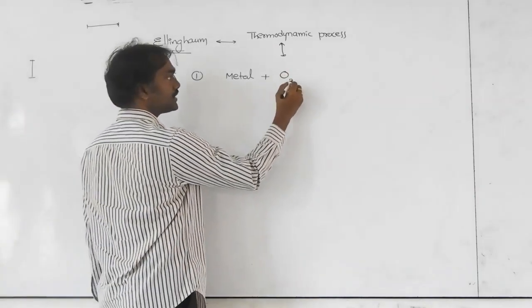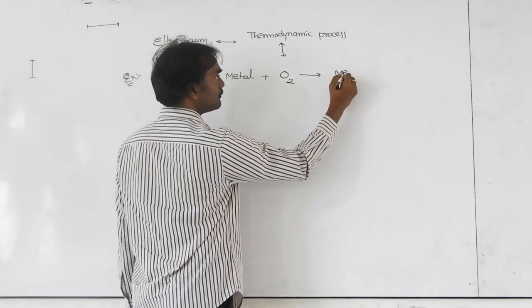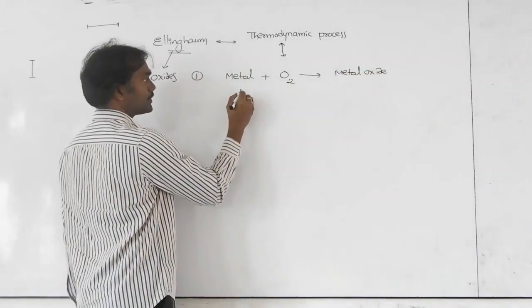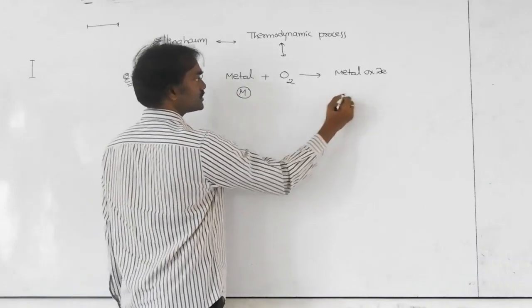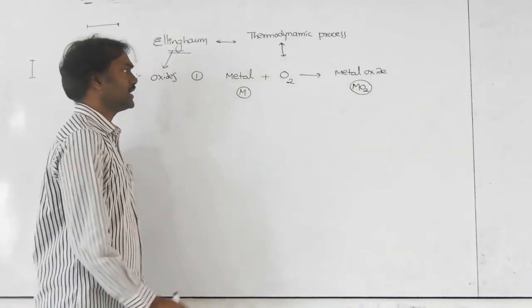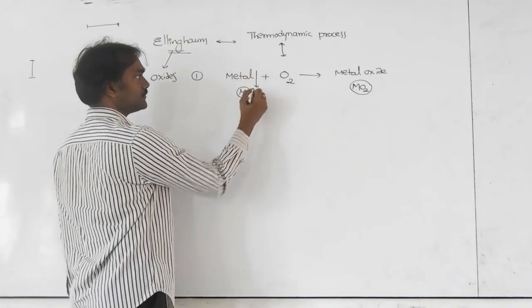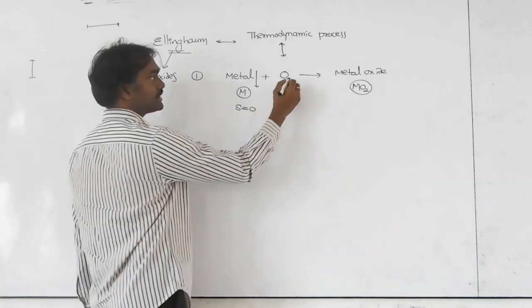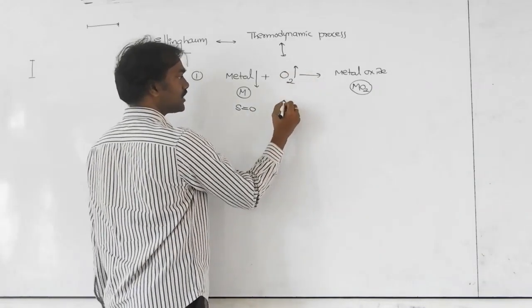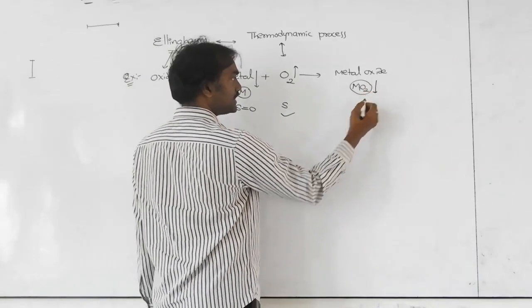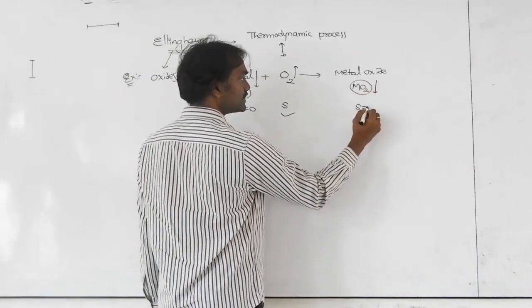Metal, represented as M, combines with O2 to give MO2 or MO, whatever it may be. The metal is a solid, so entropy is about 0, there is no movement. Oxygen is a gas, so entropy is present. The metal oxide is a solid, so entropy is 0.